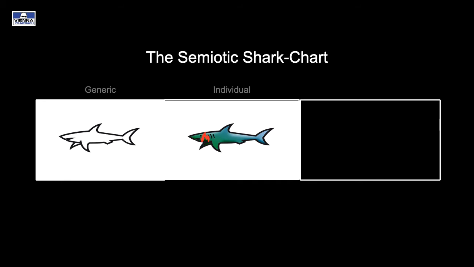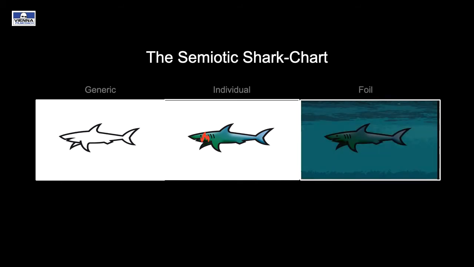But why are we looking at that shark anyway? We need reason, we need meaning, and this is accomplished through the foil effect. We simply add the proper background to round the picture up.